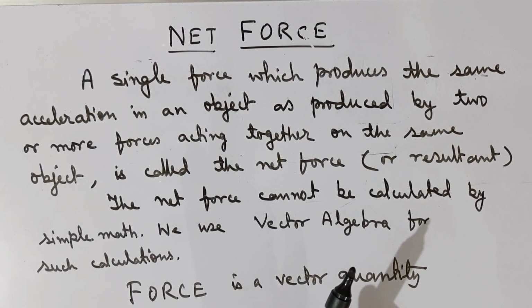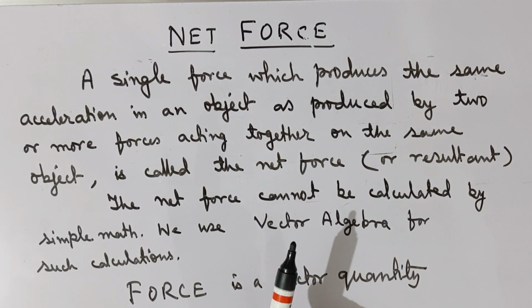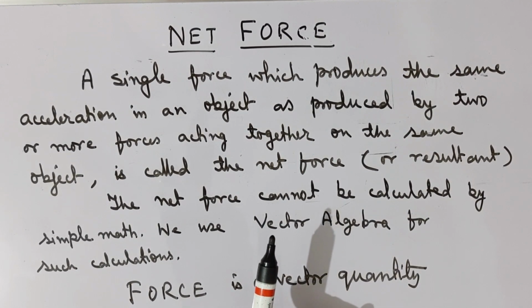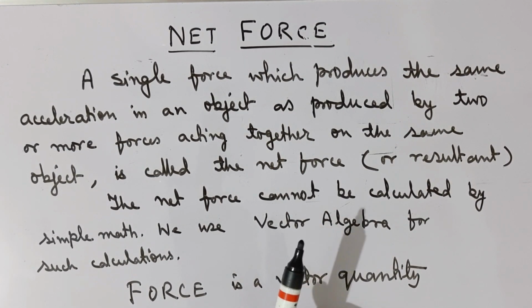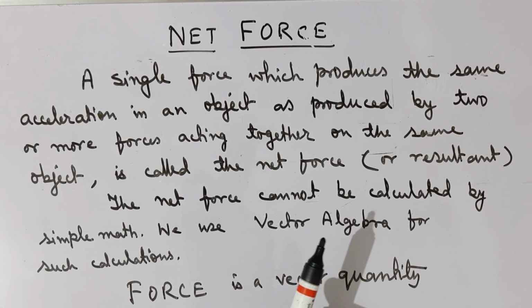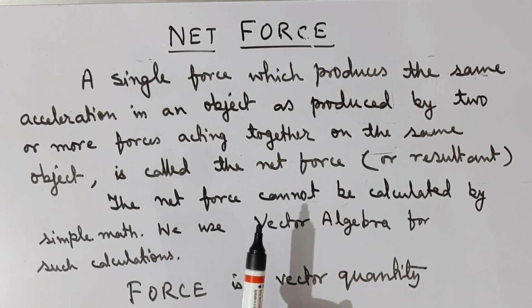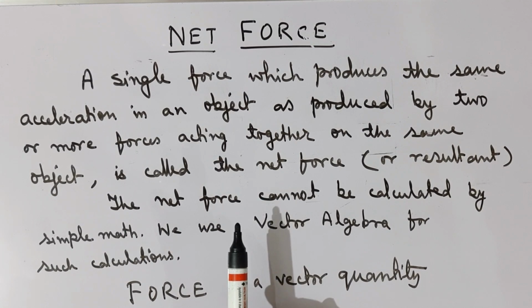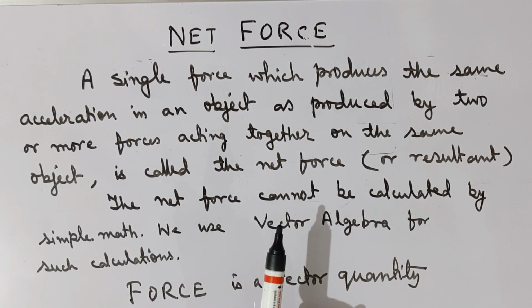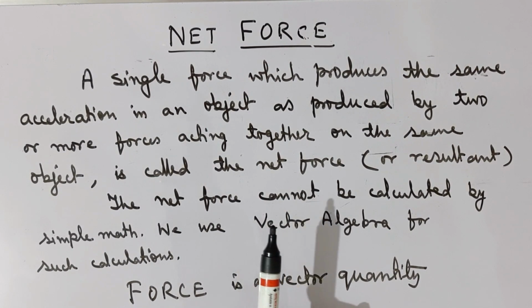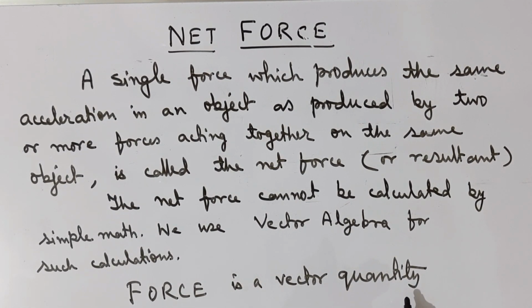We also saw how a force can bring about changes in the objects on which it acts. We learned about balanced forces, unbalanced forces, and also about the net force. We found that force is a vector quantity because it can be described completely only when we describe its magnitude, its direction, and its point of application.